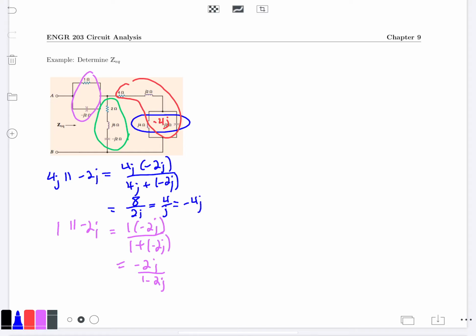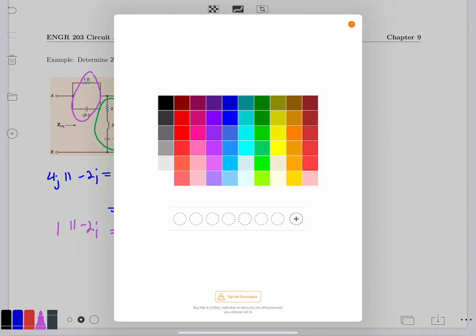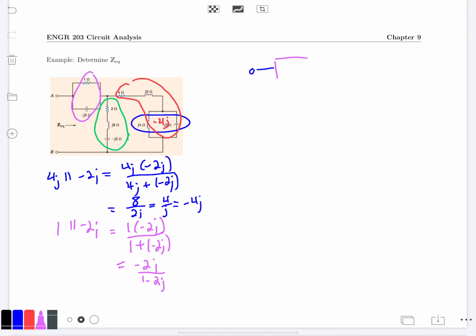So we have from node A coming in. Now since a combination of a resistor, inductor, capacitor is neither one of those three things, we're just going to use boxes here. So this box is going to represent the combination there, which we said is negative 2J over 1 minus 2J.